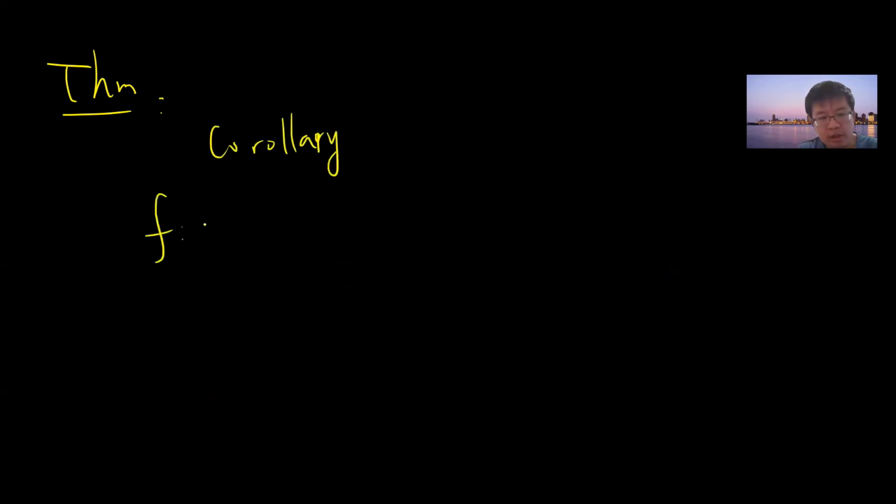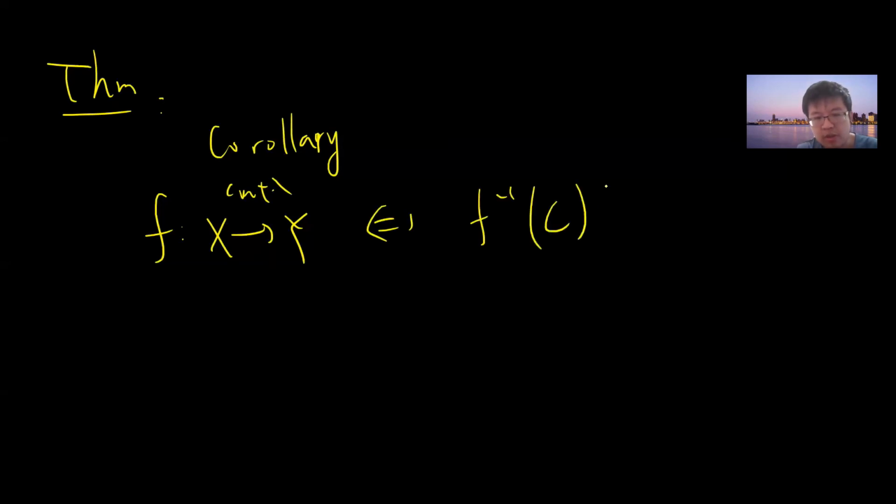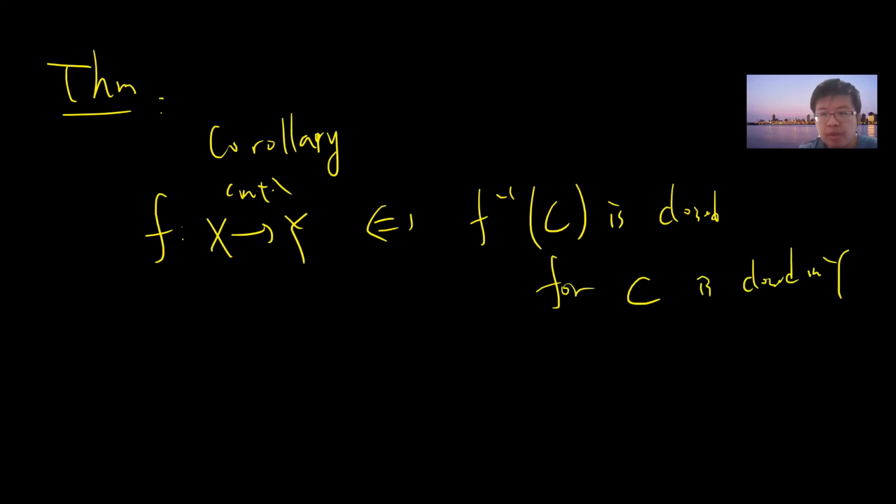Another theorem says that f mapping X to Y is continuous if and only if f inverse of C is closed for every C closed in Y. The proof is basically simple, because the complement of a closed set is open.